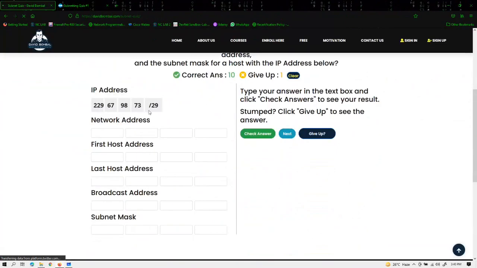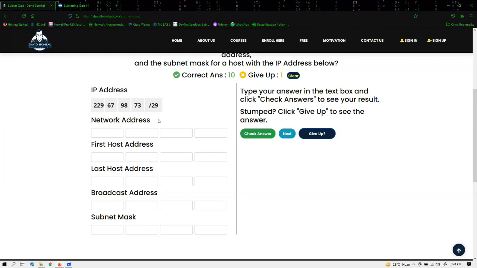This is an IP address written, and it is asking for the network address: 229.67.98.73/29. What will be the network address for this IP? How will you calculate this? First of all, you need to calculate the subnet mask, right? What will be the subnet mask? 24 plus 5, it means 248. Block size will be 8, so it's the network ID. You need to open your subnets till this IP address, right?